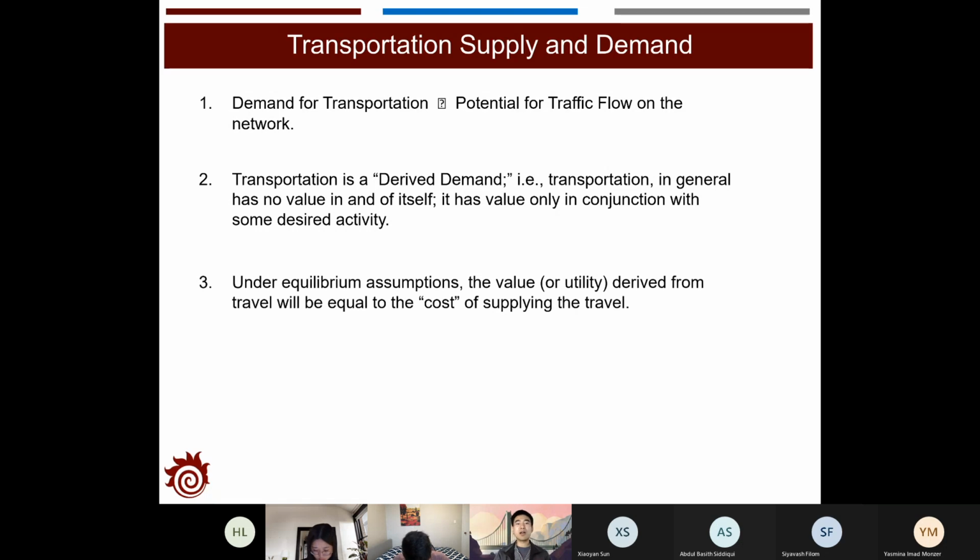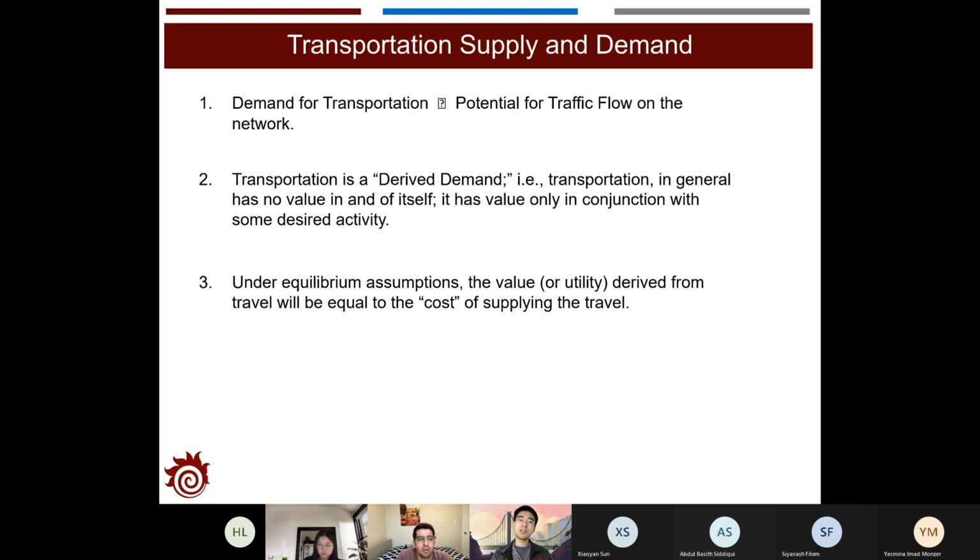And the third thing is the equilibrium assumption. For the trip that you have to take, you will have two values. One is the utility, which is the benefit that you obtain from the activity at your destination.